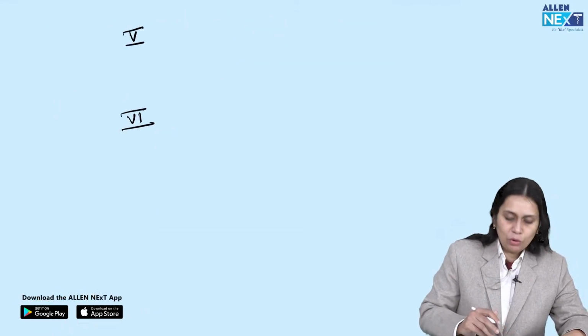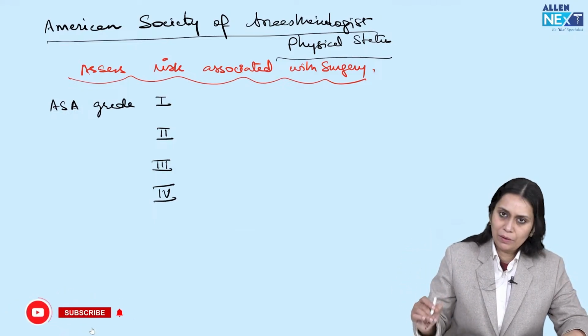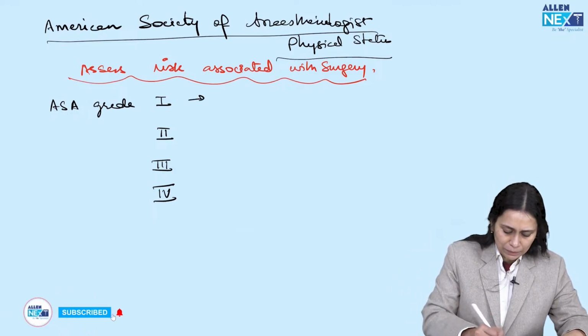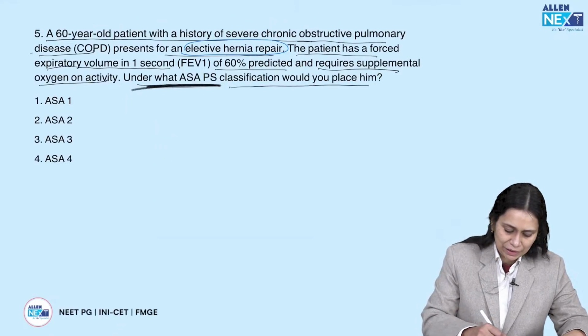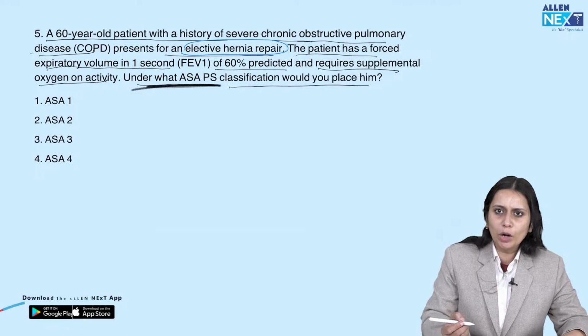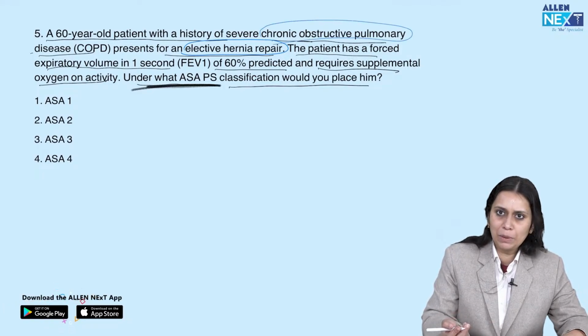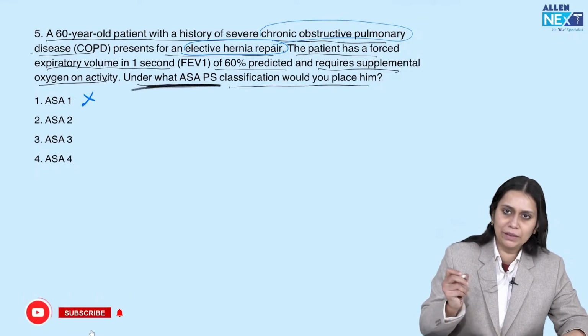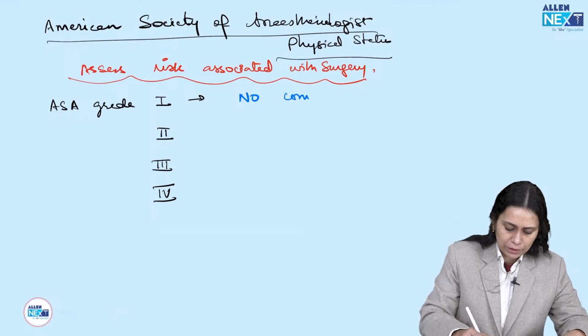So we have a total of 6 ASA grades, right? ASA grade 1 means the person who has come for this surgery, the elective hernia repair, has no comorbidity. But in this question the patient has a chronic obstructive pulmonary disease. So this goes away, okay? So here, no comorbidity.